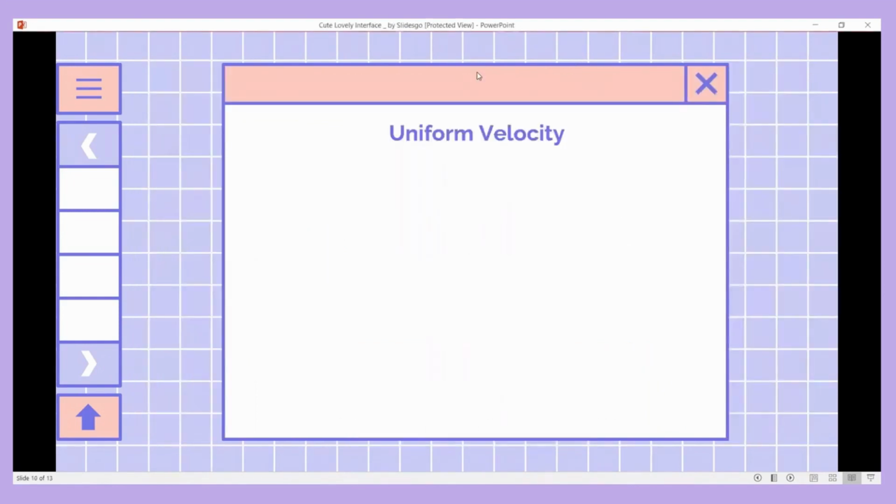Uniform velocity. How are we going to get the uniform velocity graph? The first thing that we have to remember is our y-axis, which is velocity, our x-axis, which is time. And when it is uniform velocity, the velocity is not changing over time. So it has to be a line parallel to the x-axis, where the time is keeping on increasing, but the speed is not changing.